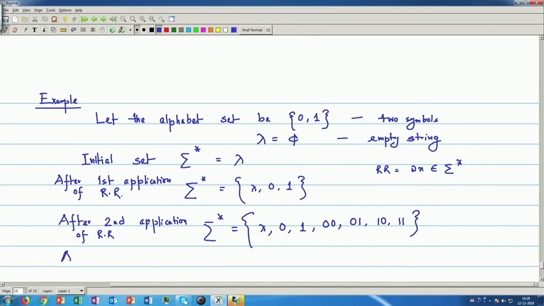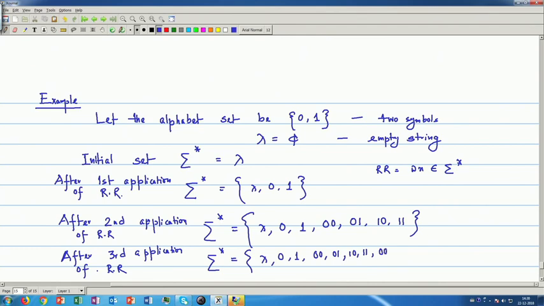Now, after the third application, again it will be concatenated. So, I will get strings of length up to 3, that means 000, 001, 010, 011, and now with all these I can append 0.